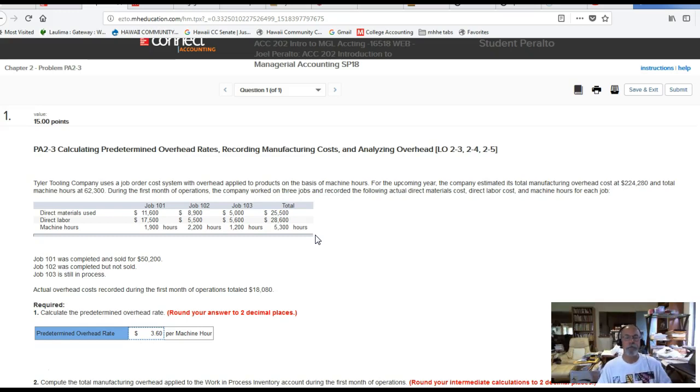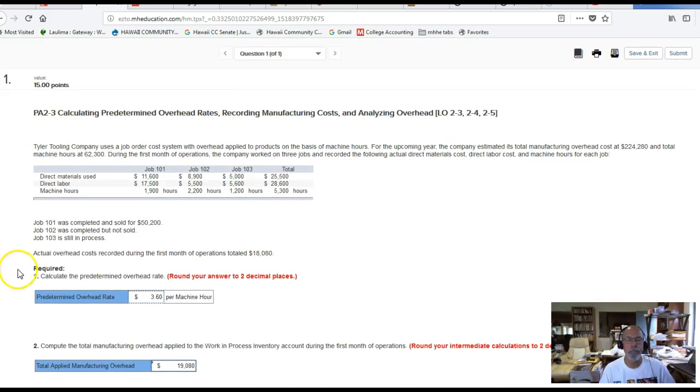Oh, we do have it. I'm sorry, I missed it. We can't determine the balance in the overhead account unless we have actual overhead incurred. And so they're giving that amount to us in the problem. Actual overhead costs recorded during the first month of operations was 18,080.